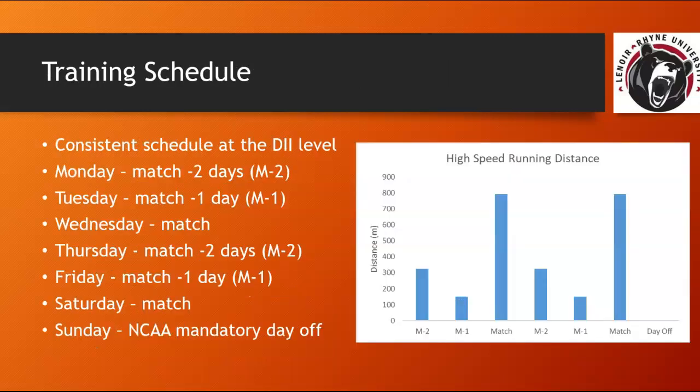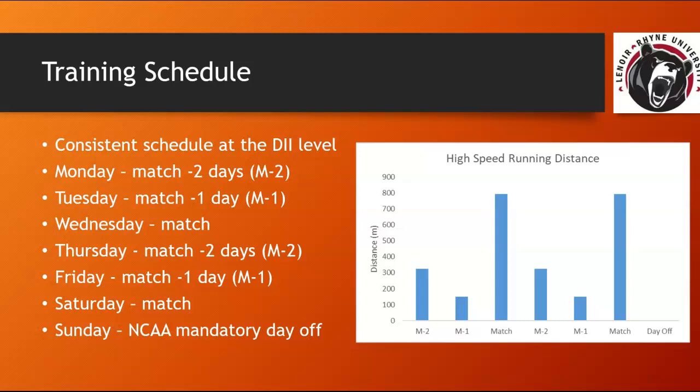Now, looking at our training schedule at the Division II level, or at least in this conference, it's fairly consistent where we have a match -2, which is essentially a Monday, match -1, which is a Tuesday. We had matches pretty much every single Wednesday. Match -2 again, which would be a Thursday.